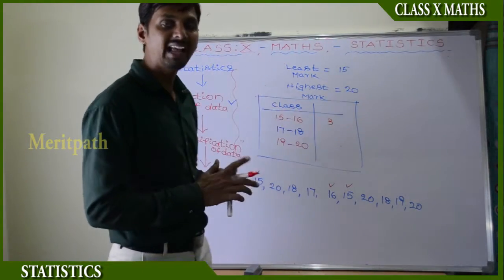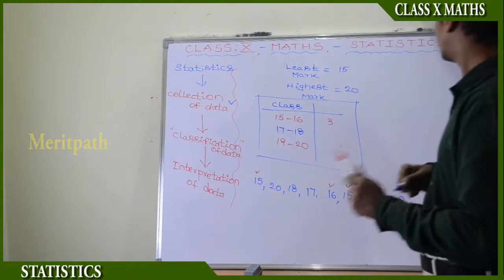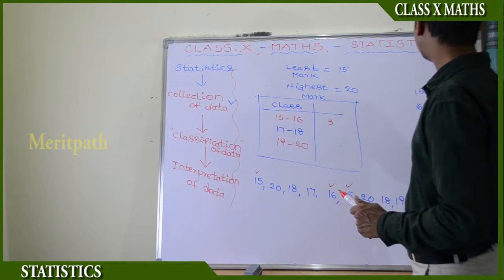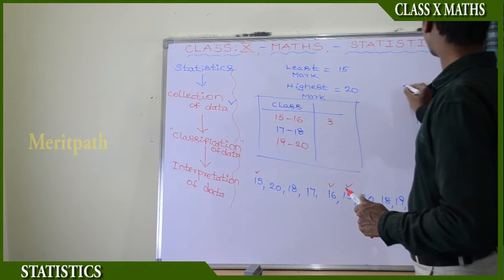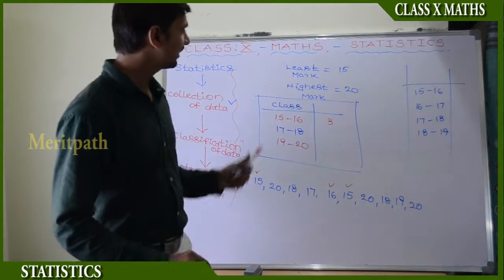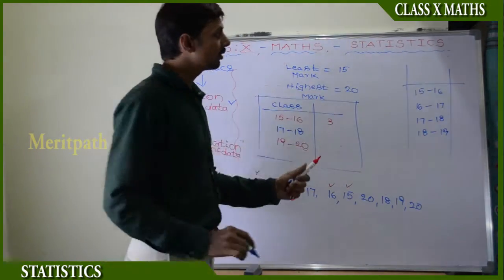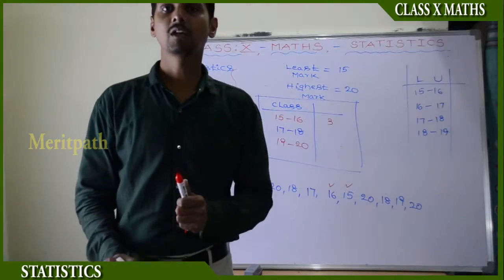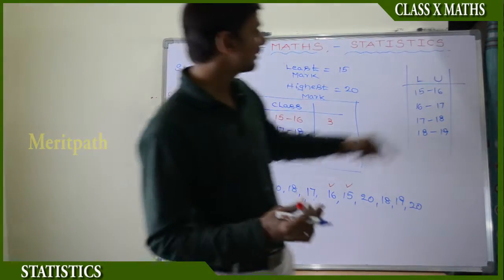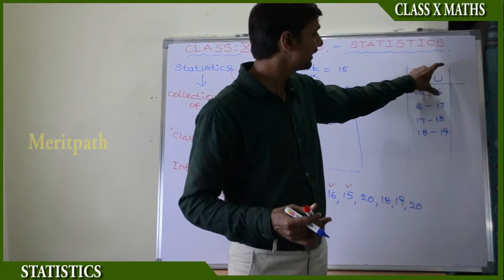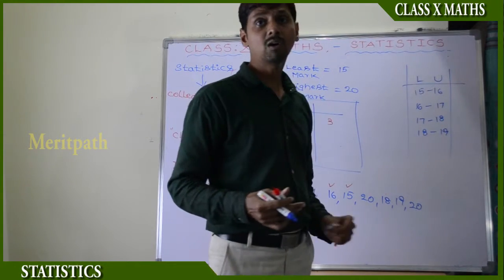There are also exclusive classes, that are 15 to 16, and 16 will repeat again in 16 to 17, 17 to 18, and 18 to 19. These are called exclusive classes because the first number of a group is called the lower boundary, and the ending number of the group is called the upper boundary.